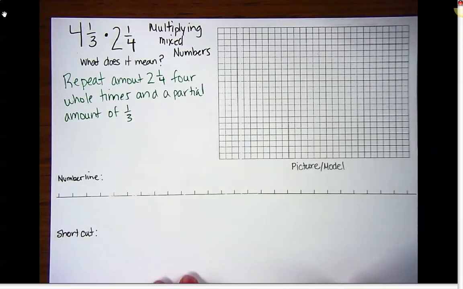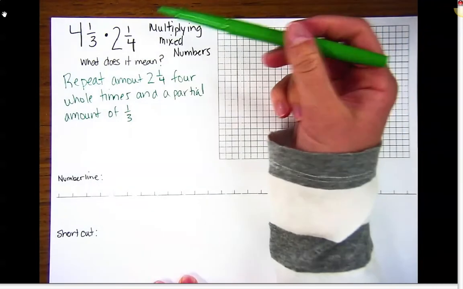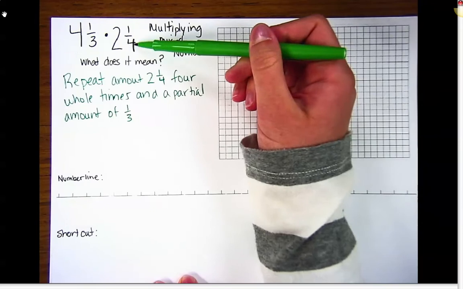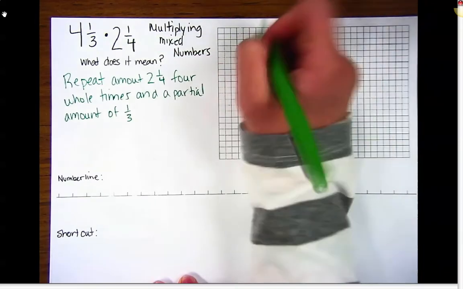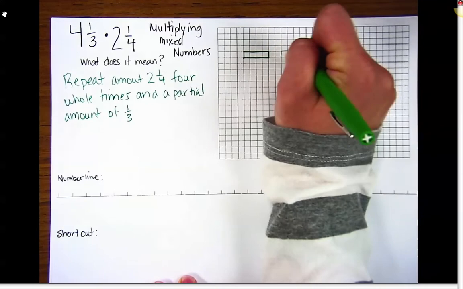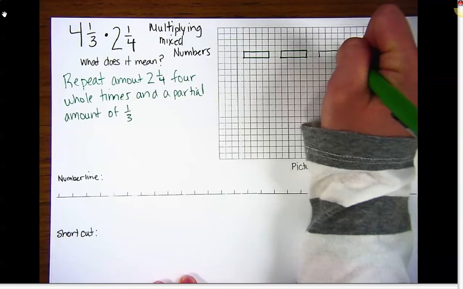We're going to draw our 4 1/3. We're going to draw our 2 1/4. The denominator 4 tells me that 4 make a whole. So here's 1, 2, and then I need to draw that 1/4.